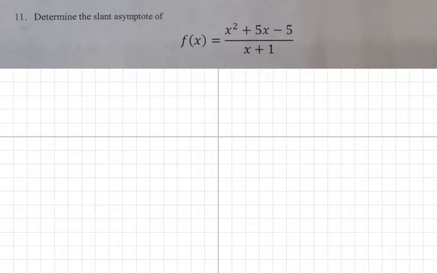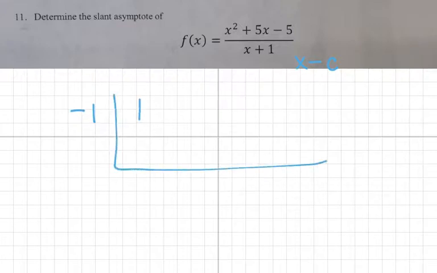So to find the slant asymptote, we're going to divide the numerator by the denominator using synthetic division. Remember that this is x minus c, so since this is a plus 1, what's on the outside is going to be a negative 1. Then I take the coefficients of the numerator, and I'm going to synthetic divide.